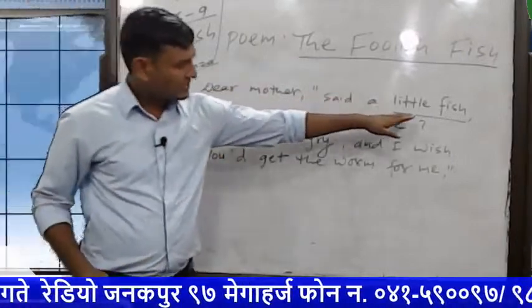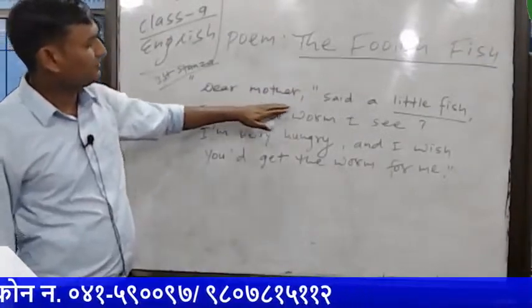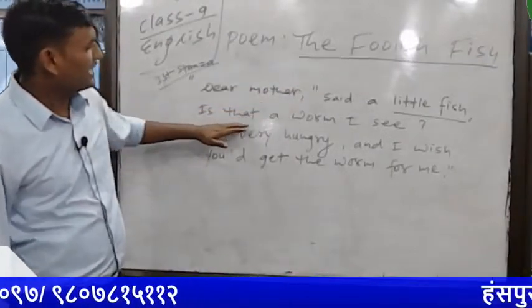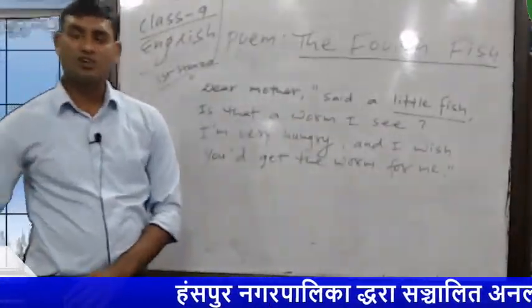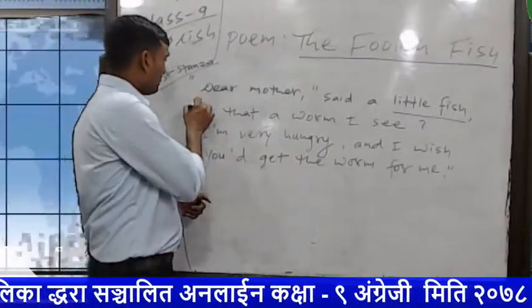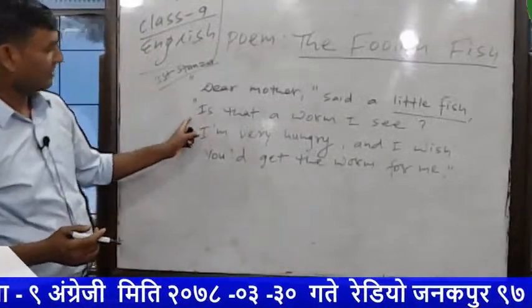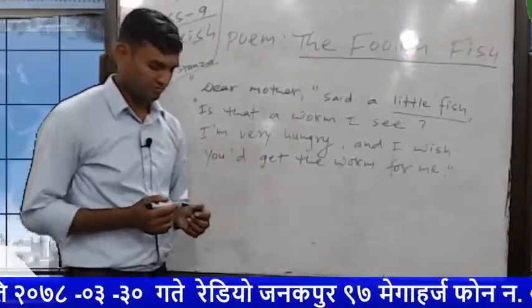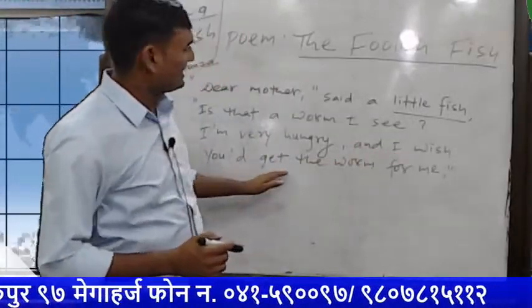Then the little fish said to his mother, "Dear mother, is that a worm I see?" That is a question. And I am very hungry, and I wish you would get the worm for me.